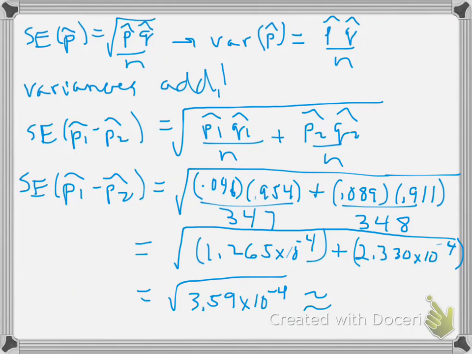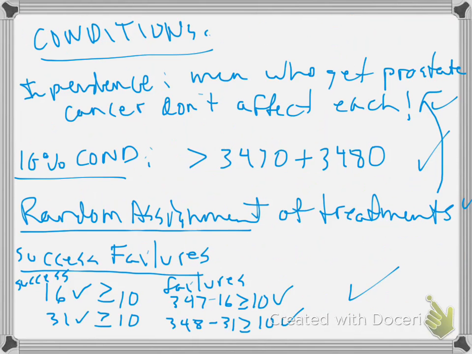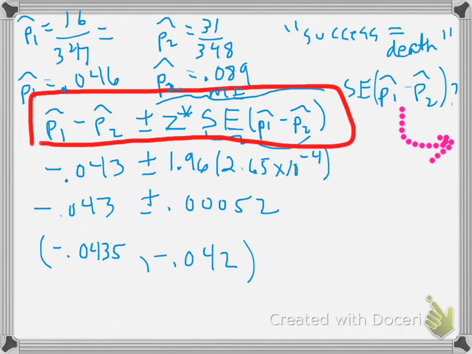When I take the square root of that, I get 0.019. Okay, so I'm going to go back to the screen and put our numbers in. I got to do some erasing here. I got some mistakes here from before. Okay, so our number was 0.019. I'm going to multiply it by 1.96 to get my margin of error as 0.037.